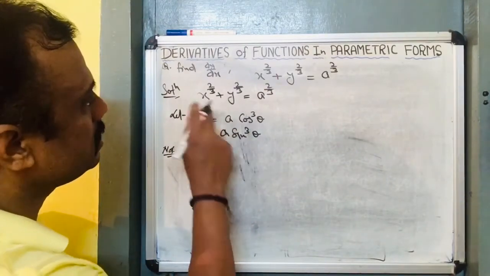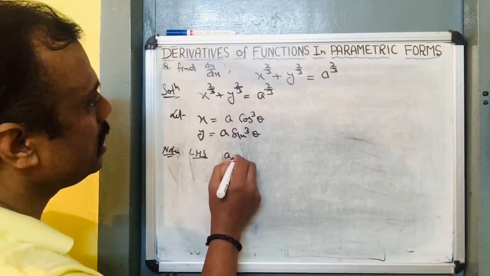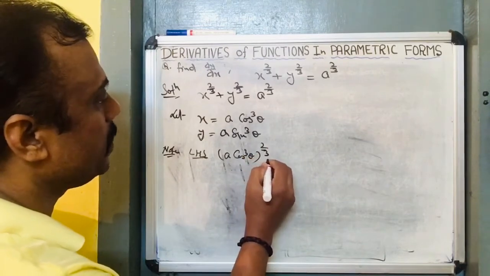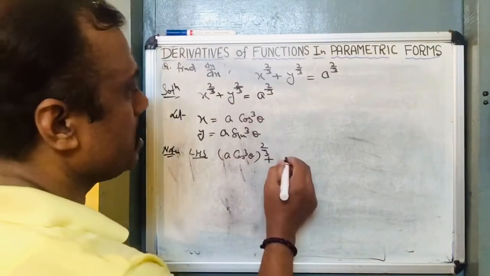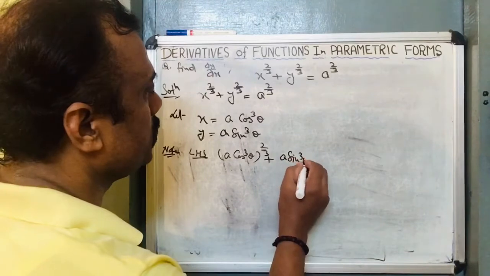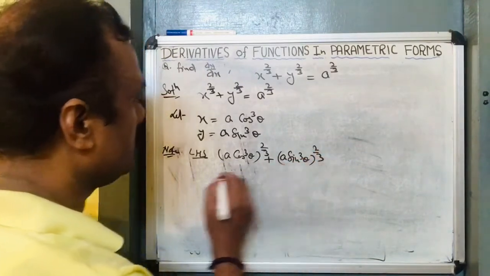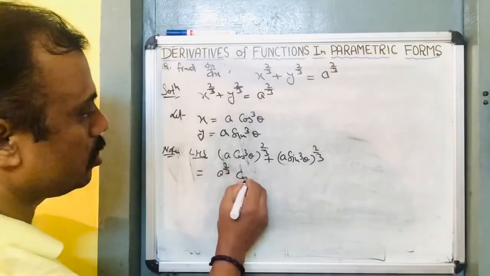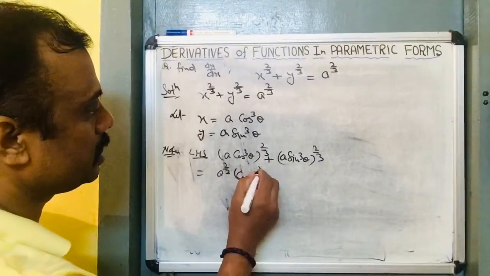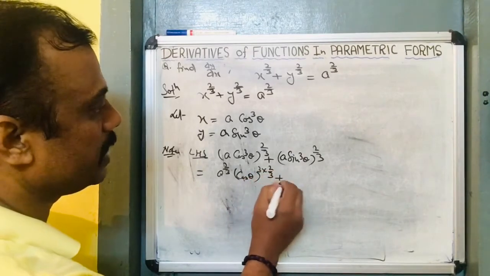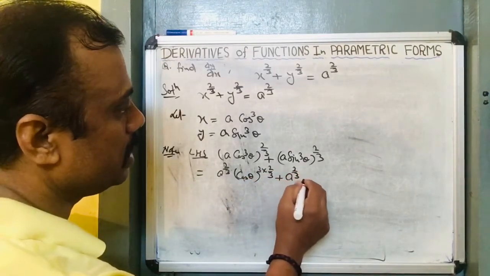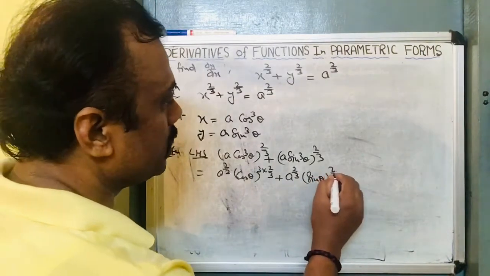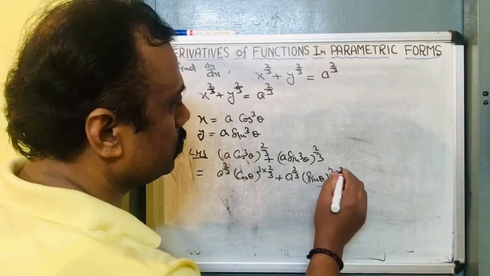In place of x I am going to put a cos cube theta whole power 2 by 3, plus a sine cube theta whole power 2 by 3. You will see a to the power 2 by 3 and cos theta whole power 3 into 2 by 3, plus a to the power 2 by 3 into sine theta whole power 3 into 2 by 3.